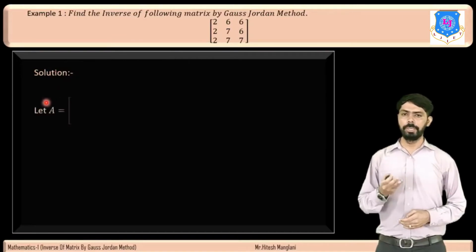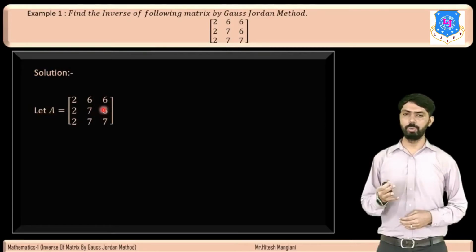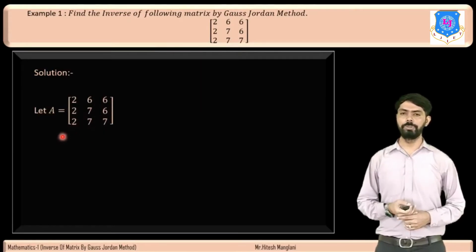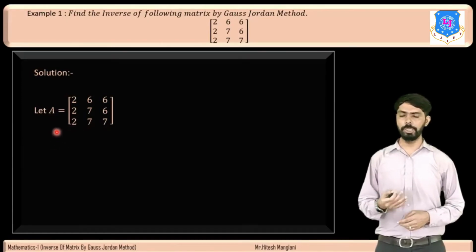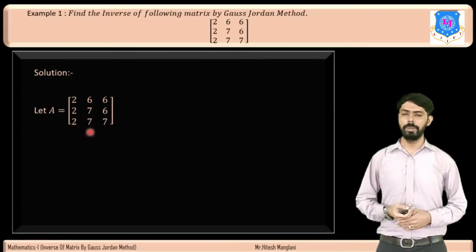So here A is equal to 2 6 6, 2 7 6, 2 7 7. First we will find the determinant of this matrix, because if the determinant is not equal to 0, then we can say that this matrix is non-singular.